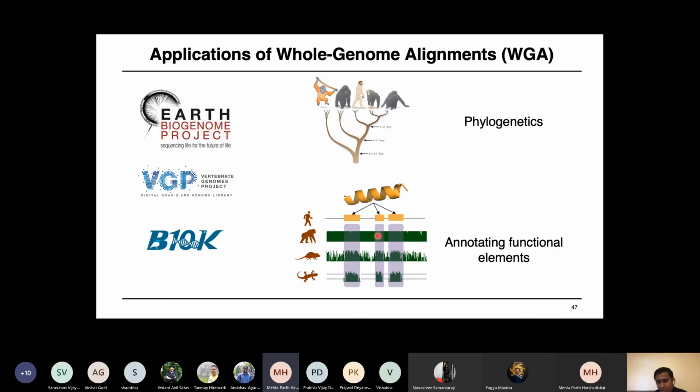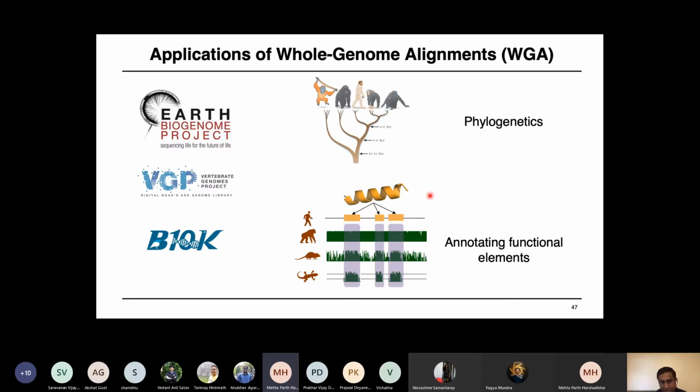You could also do a lot of other interesting things. For example, I probably know that our genome consists of genes, and these genes code for proteins, and they are really functional. They are the workhorses of the cells. So what you can do is, once you look at the genomes of different species, which have evolved from a common ancestor, that's Darwin's theory of evolution and natural selection, you can find the conserved regions of the genome, and you can use those conserved regions to help annotate what are the functional elements.